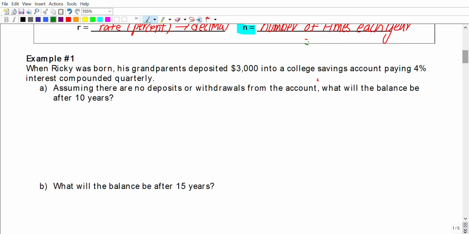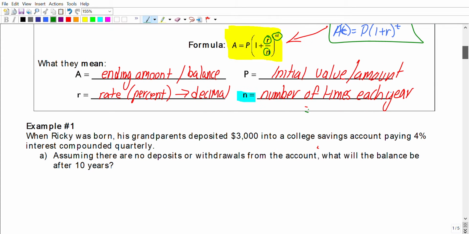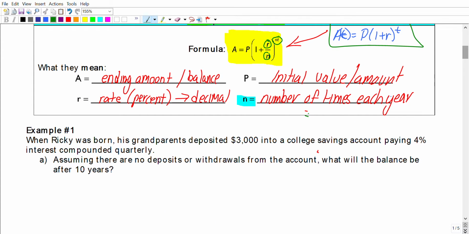So, example number 1. Let's go ahead and start finding out a few of these variables from our formula, and let's keep an eye out for those keywords that we may see throughout the problem. So it says, when Ricky was born, his grandparents deposited $3,000. Okay, I'm just going to go ahead and highlight a few things that I see right off the bat.